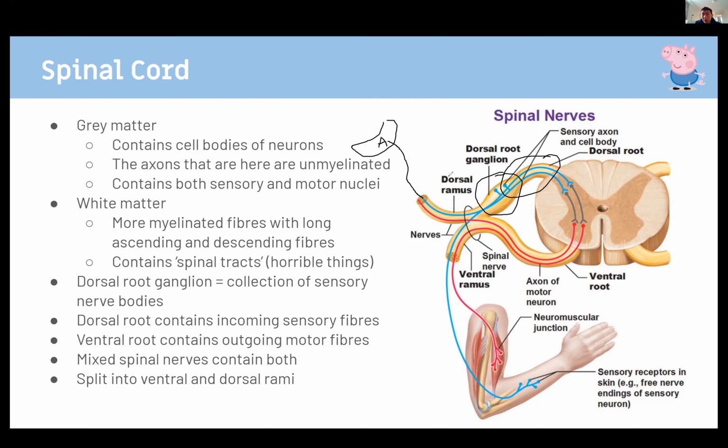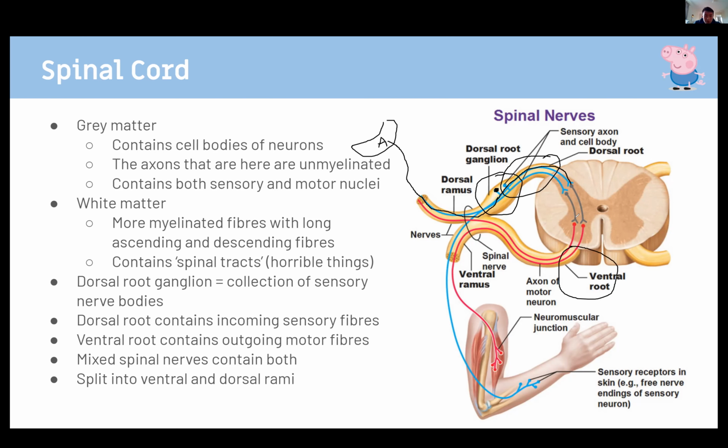So dorsal means behind, ventral means in front. It'll come into your dorsal root ganglion, the nerve body will be here, and then it'll continue on through the dorsal root and into your spinal cord. From there, it might go to your brain or something. And then you also have your ventral root. So the ventral root is here.